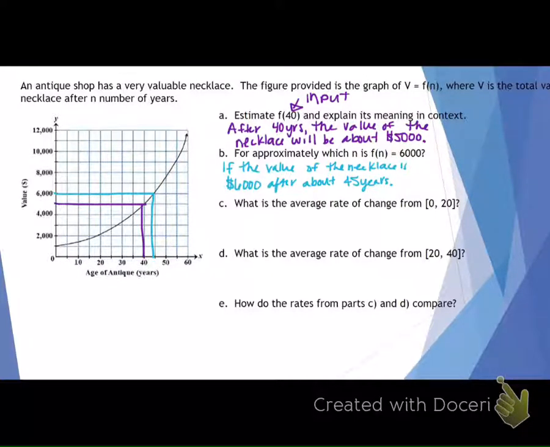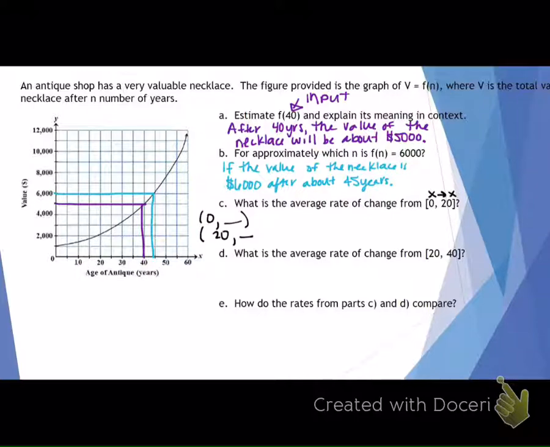All right. So we know that these are x values. So we know we need to find the ordered pairs. So it's 0, comma something and 20, comma something. Cassie, what are my ordered pairs? Yeah, it's about 2,000.